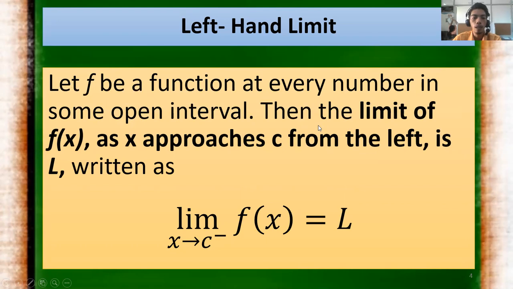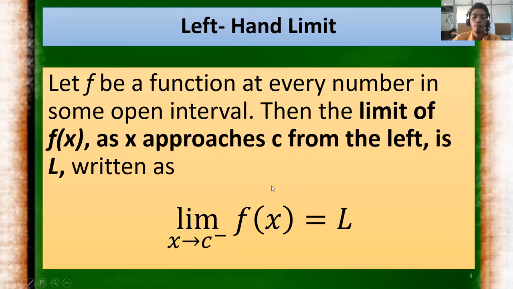For the left-hand limit, we let f be a function at every number in some open interval. Then the limit of f of x as x approaches c from the left is L, written as the limit of f of x as x approaches c from the left is equal to L. So meaning, ang c natin approaches from the left. Ibig sabihin, yung number or value na nag-a-approach from the left.